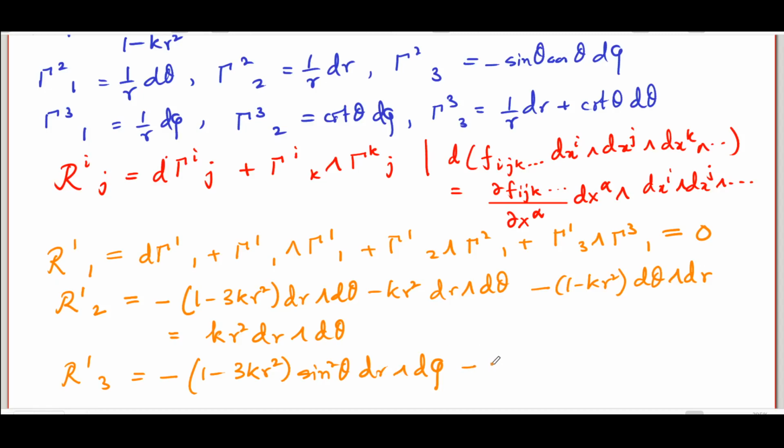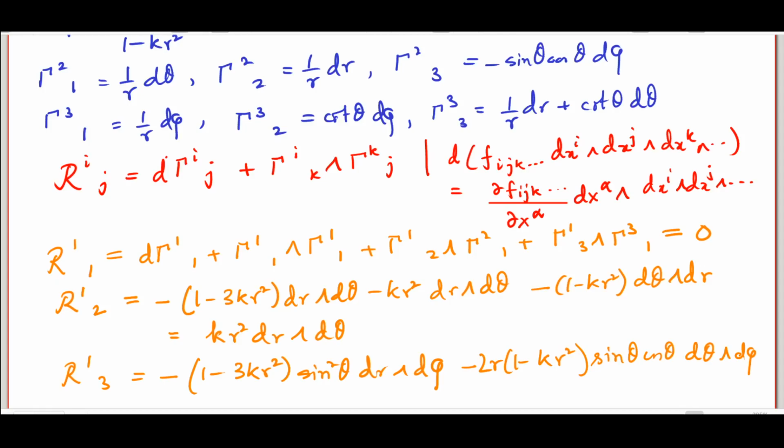And another term that you're going to get is minus r into 1 minus k r square. The sine square theta gives you twice sine theta cosine theta d theta wedge d phi. But that's just from the d gamma 13.